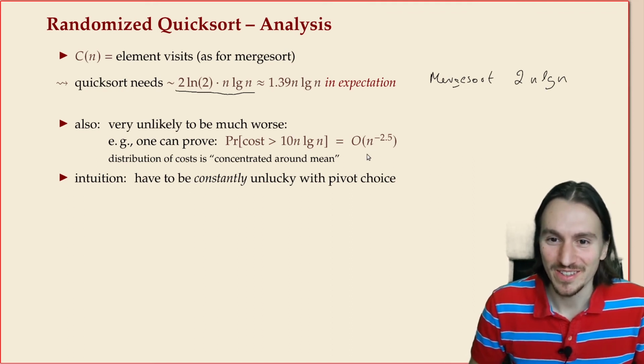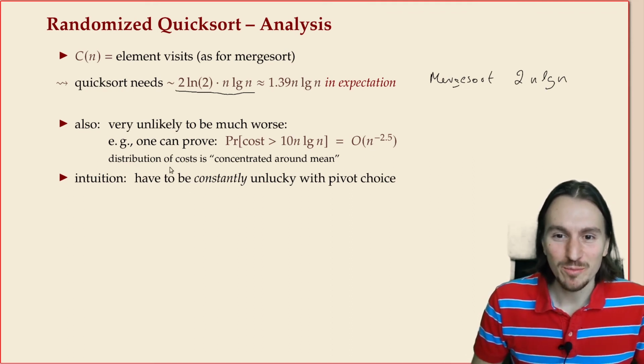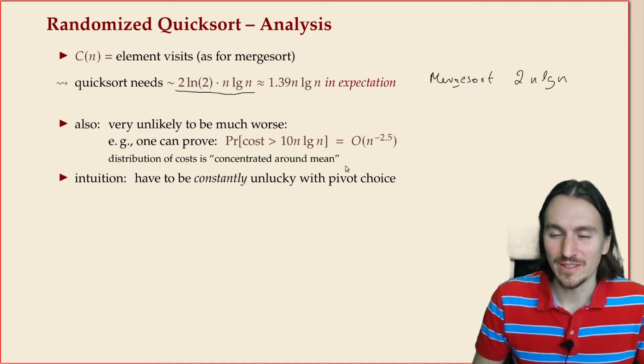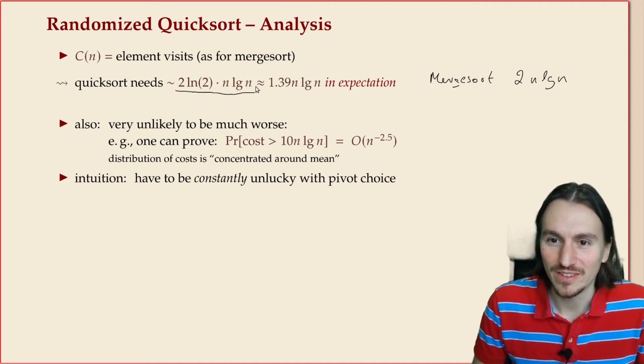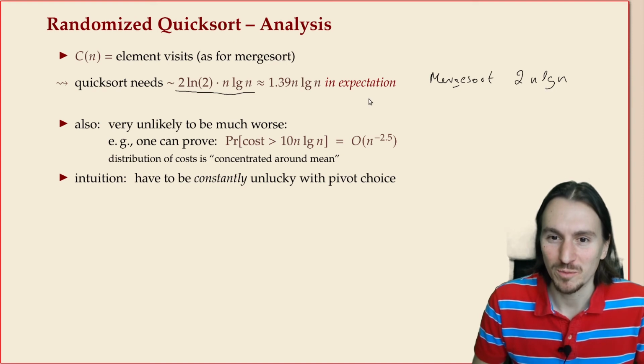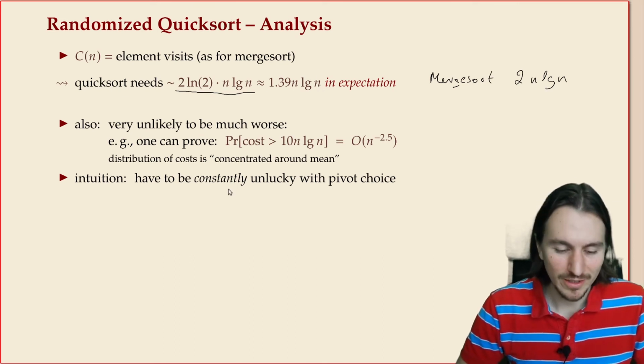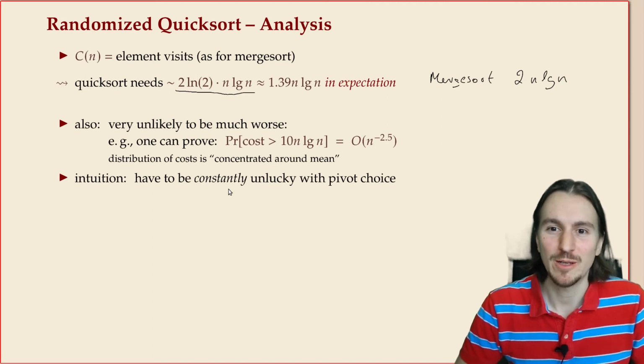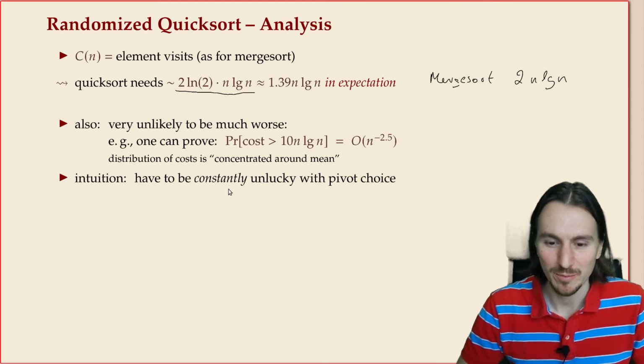Let's leave it at that. So you can prove that the costs are concentrated around their mean. You usually get this not just in expectation, but with very high probability. And the intuition behind this is that to not get something good, you have to be constantly unlucky by repeatedly choosing a really bad pivot, and that's unlikely to happen.